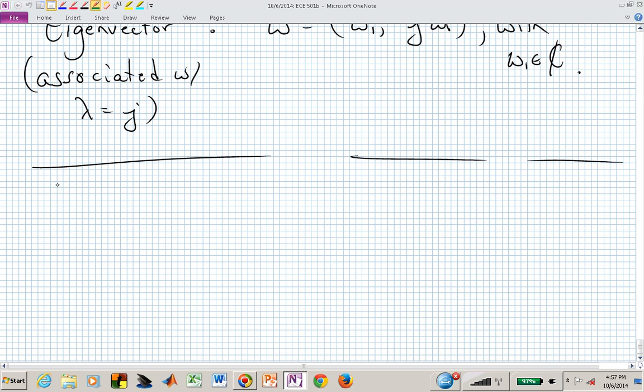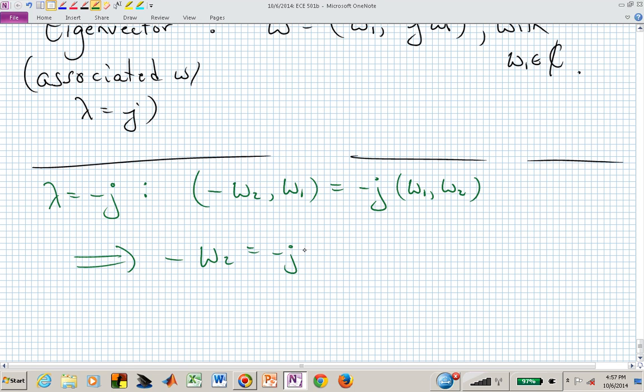So now if we look at the other eigenvalue and try to find its eigenvector, we have minus w sub 2, w1 is now equal to minus j w1, w2. Using the strategy that we just did, minus w sub 2 is equal to minus j w1, or w sub 2 is equal to j w1.